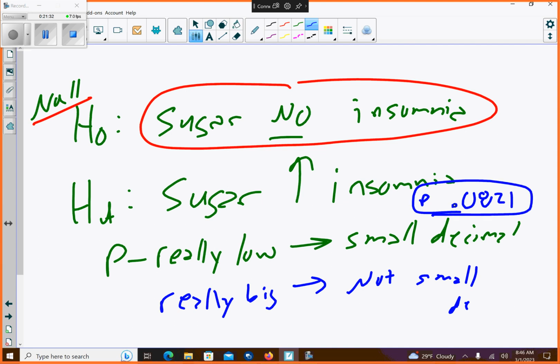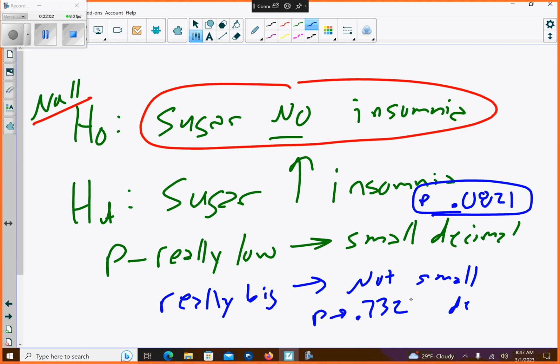That's a pretty small p-value. That's like an 8% chance. When I say a p-value could be really big, if I had a p-value like 0.732, that's where I'm not getting strong evidence. So the closer I am to 1 with a p-value, that's where your p-value is high. So your p-value is 1 or lower.